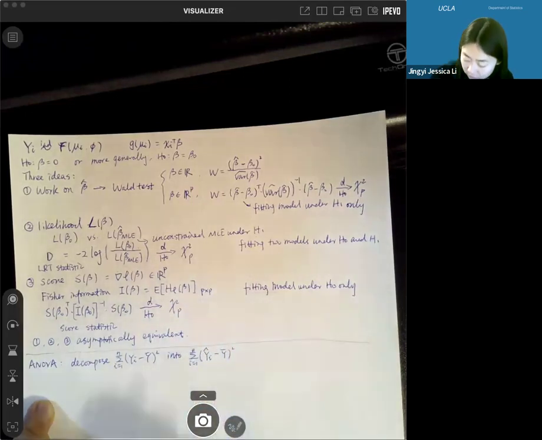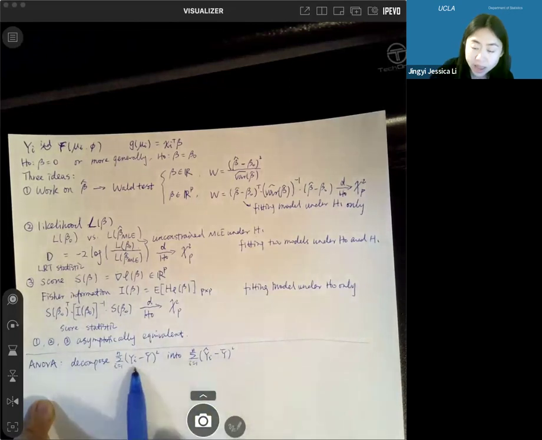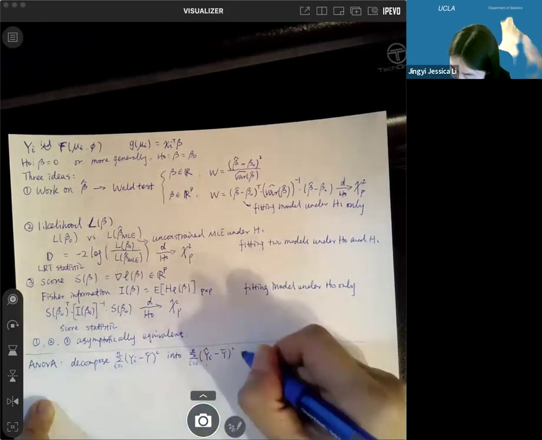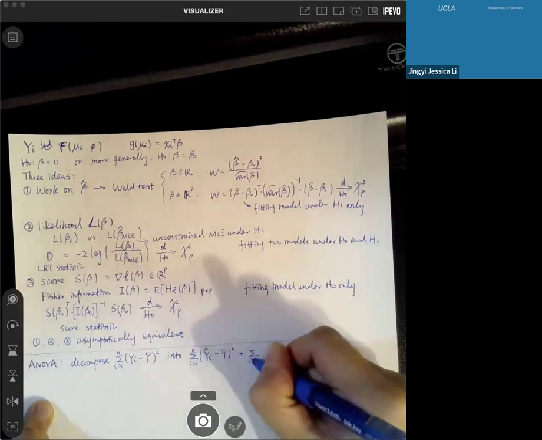For a linear model, they share the same average: the average of y1 to yn is the same as the average of y1 hat to yn hat. And the residuals.